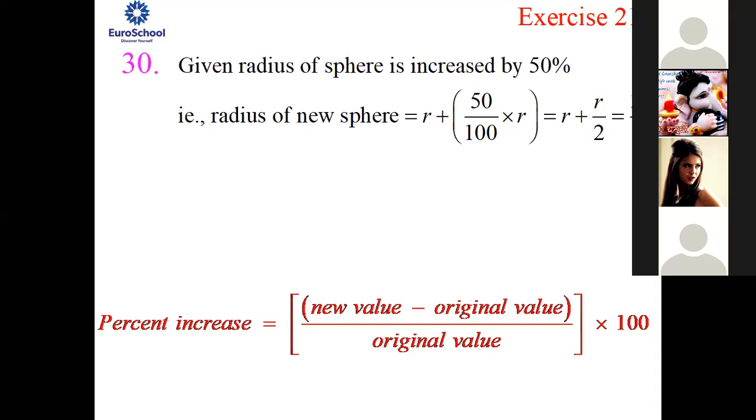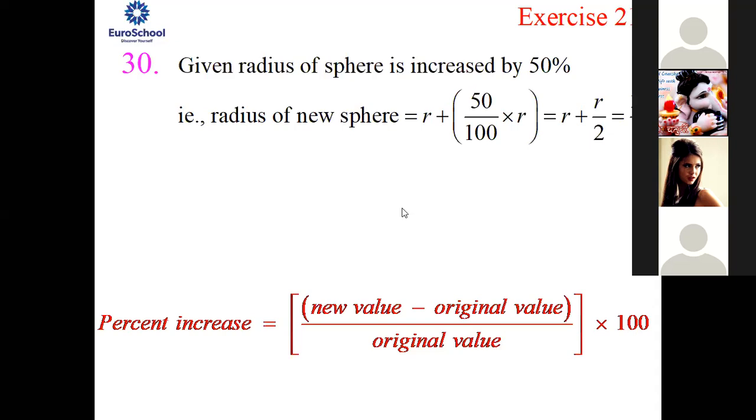So what will be the new price of the ball? Earlier the price was 50, and now 50% of 50 rupees will be 25 rupees. And so the new price will be 75 rupees. It's just like that.